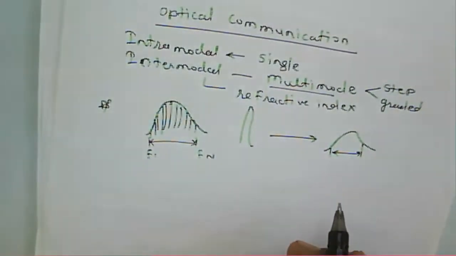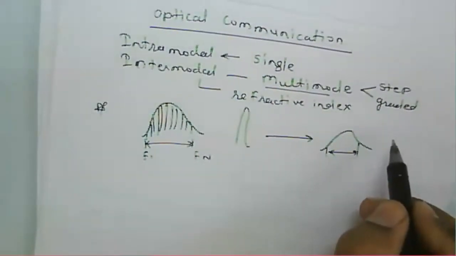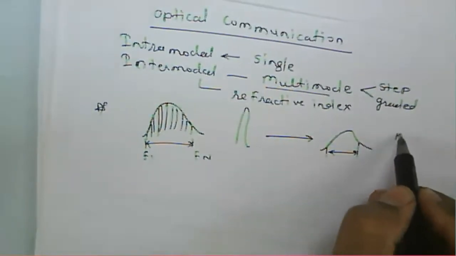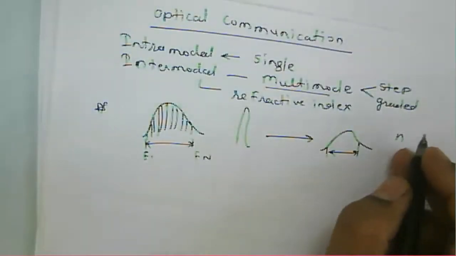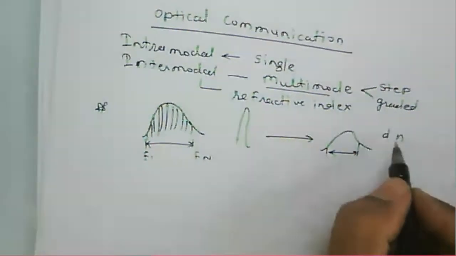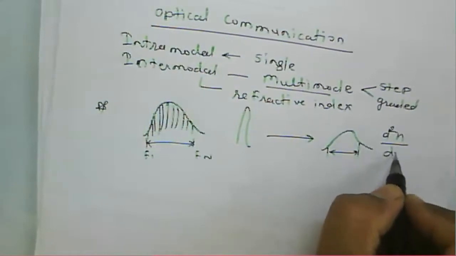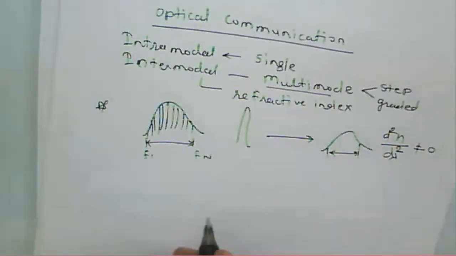As we have seen earlier, why does this dispersion occur? Because the dispersion in a particular fiber depends upon the refractive index component. What does that mean? We can say that the derivative of the refractive index with respect to the wavelength is not equal to 0.